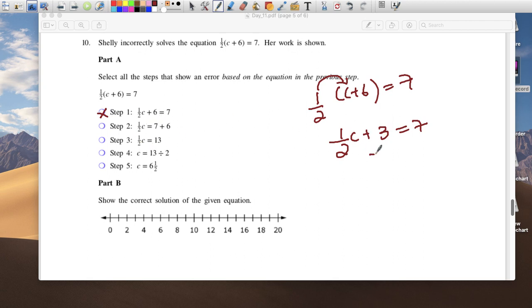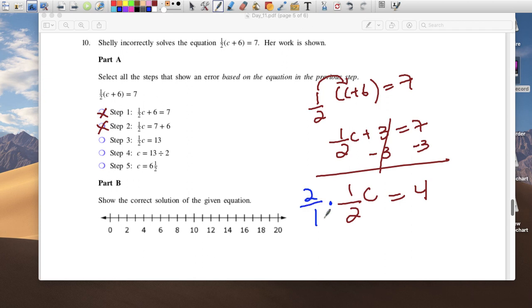Next thing she should have done is subtract 3 from this side, so you should have gotten half of c equals 7 minus 3, which is 4. So this is wrong too. And then what's the next step after that? We have to multiply both sides by the reciprocal, right? So it's a fraction here. Multiply this side by 2 over 1, and multiply this side by 2 over 1.